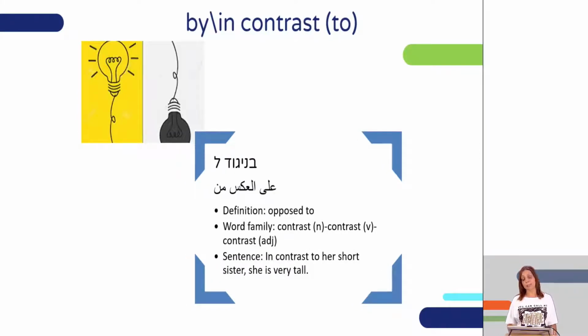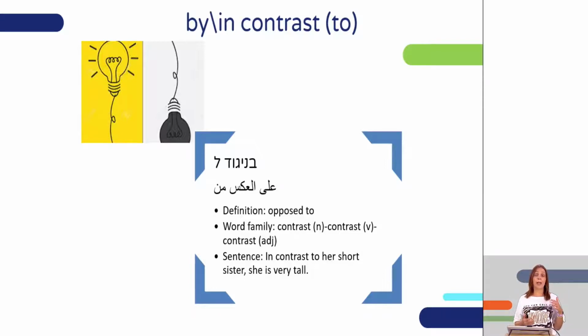Our second word is by contrast to or in contrast to. If you look at the image here, you have something lighting up the room and something which is dark. So you have something contrasting another. Here the definition is opposite to.